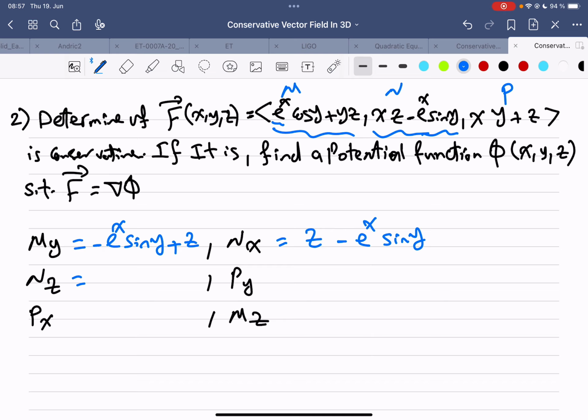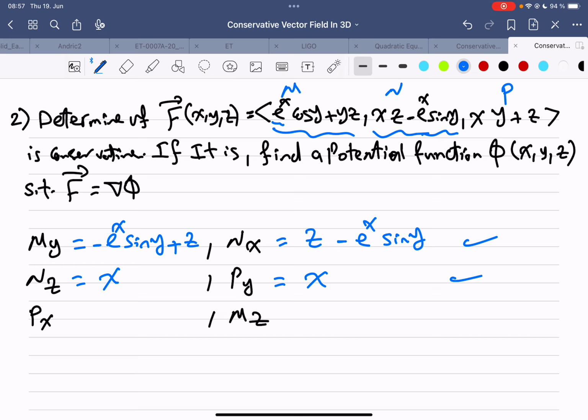Second condition, n_z: differentiate n with respect to z. The first term will give you x, the second term will give you 0. So this will be x. B_y: when you differentiate b with respect to y, the first term will give you x and the second term will give you 0. Also n_z equals b_y.